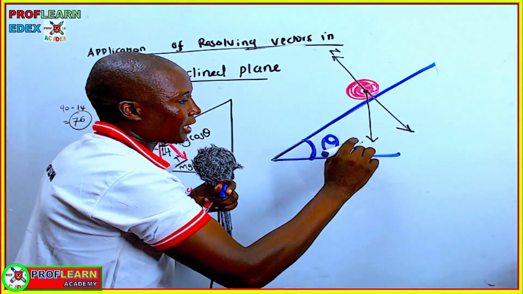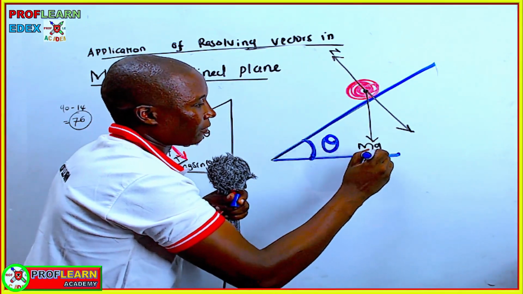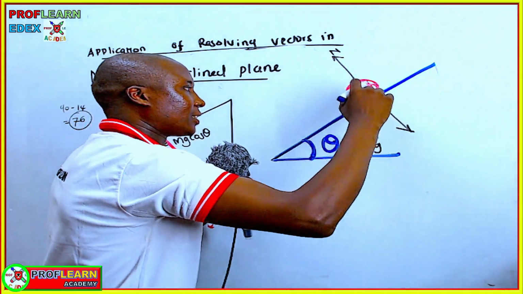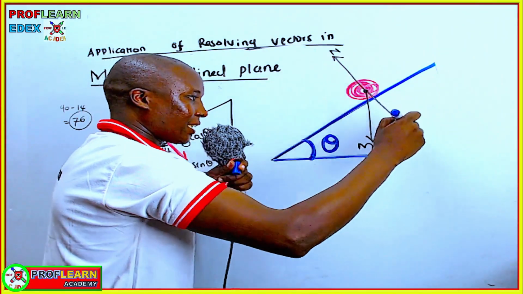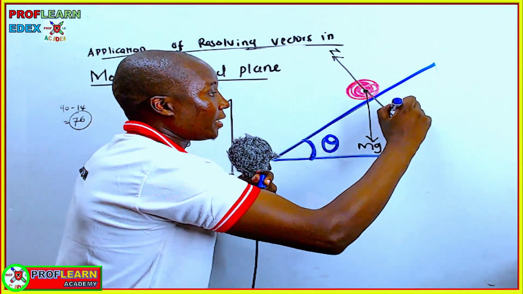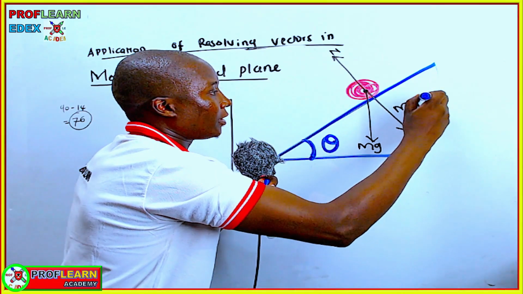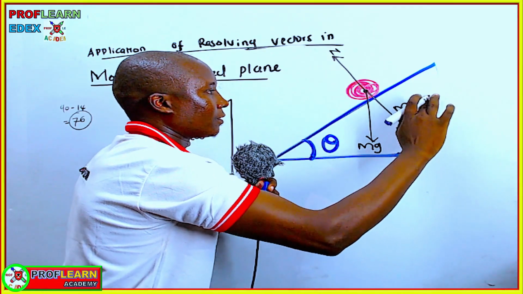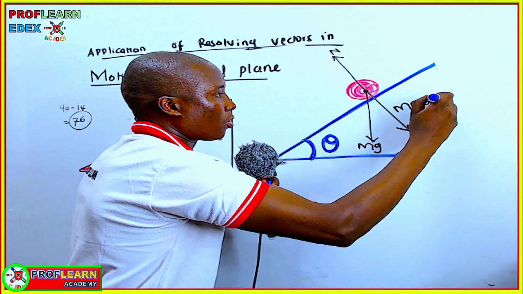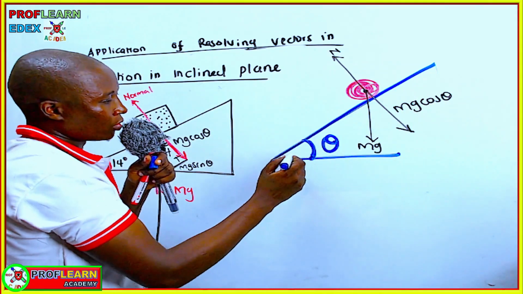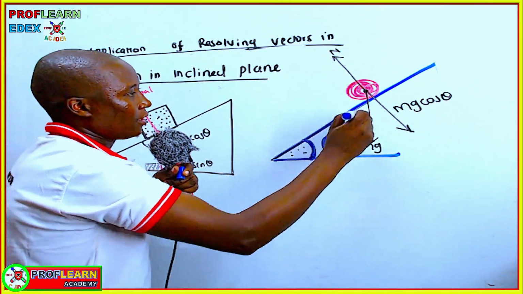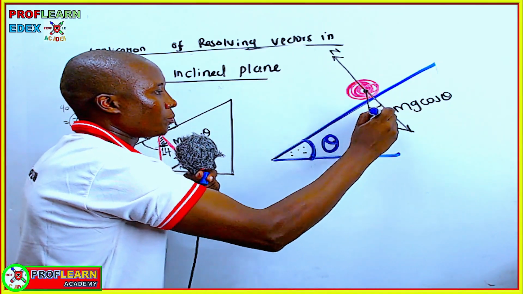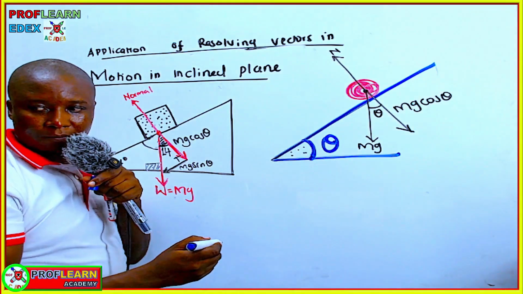This force acting down is mg, right? The force the object is exerting on the inclined plane is going to be mg cos theta, because if this angle is theta, then this angle is also going to be theta.